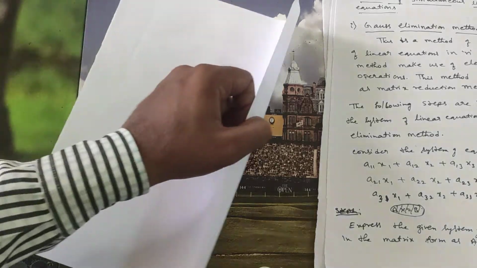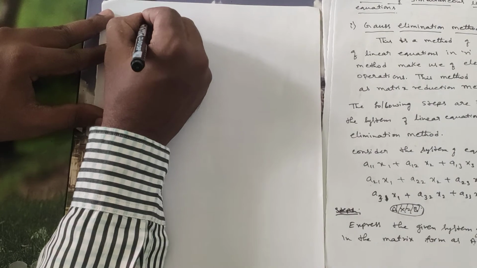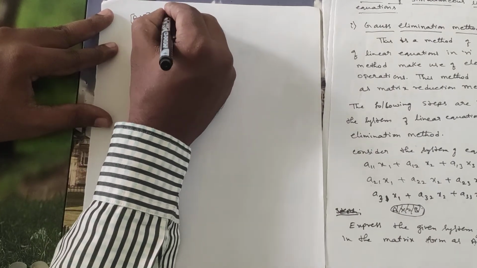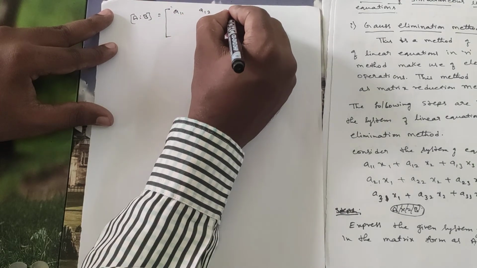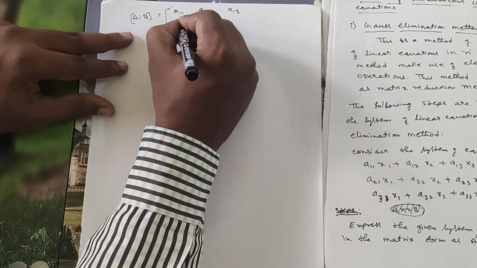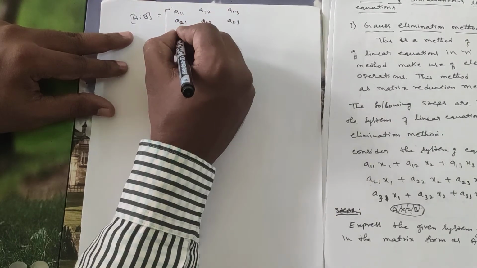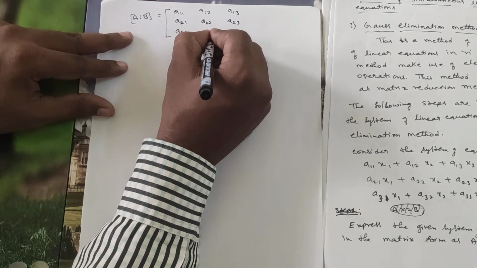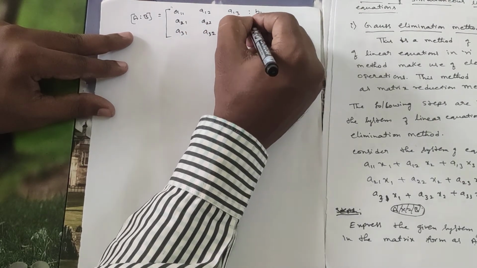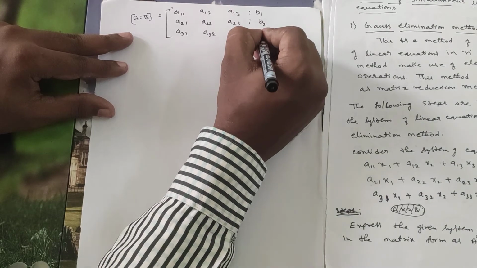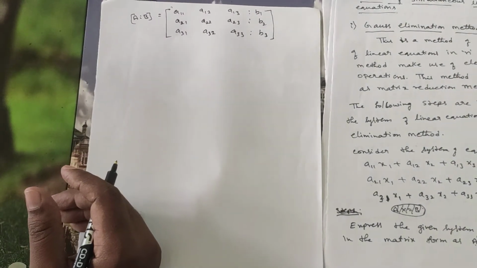What do you get, augmented matrix, A | B. So a11 a12 a13, a21 a22 a23, a31 a32 a33, with b1, b2 and b3. So this is your augmented matrix.